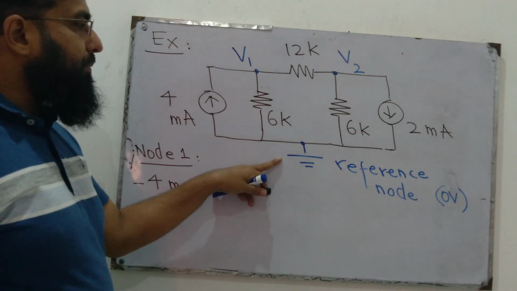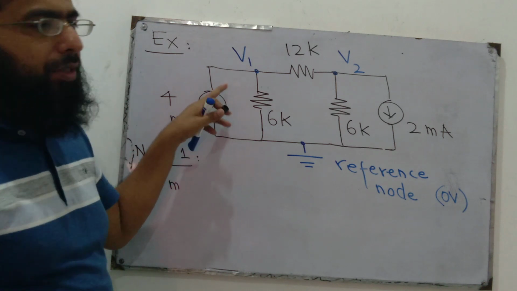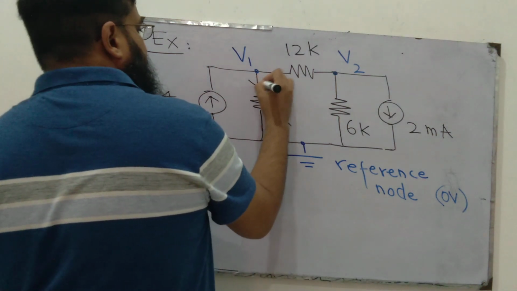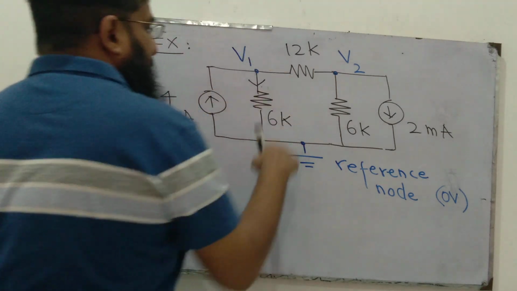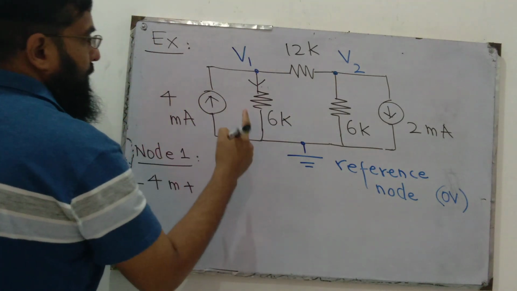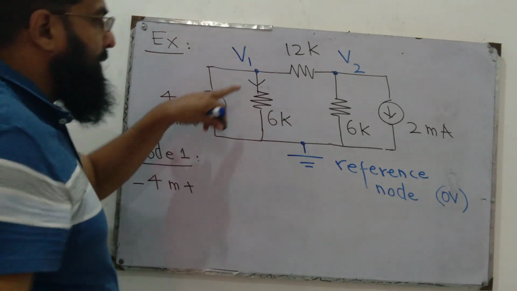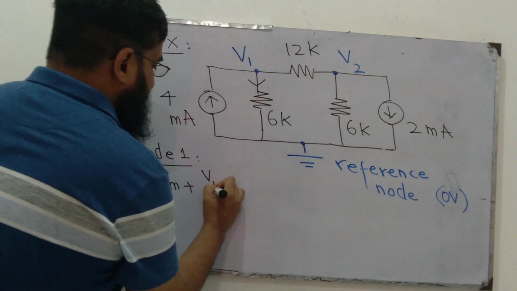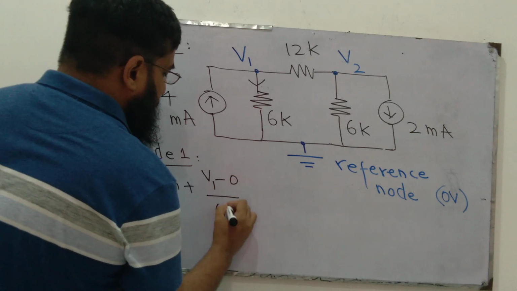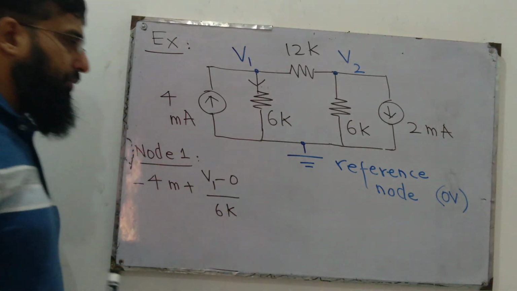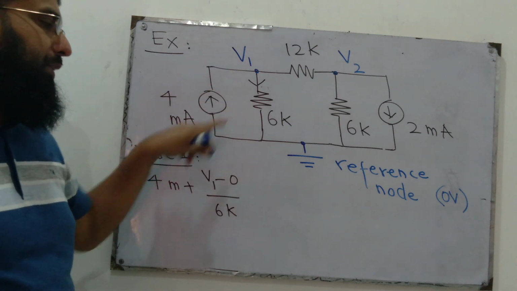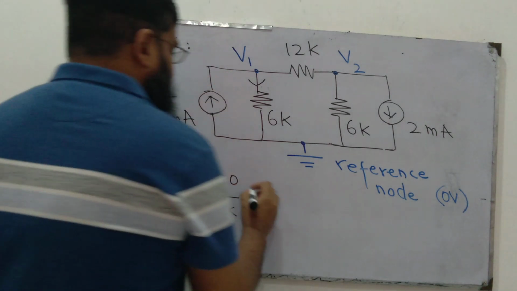What about this current? We are not sure, so we'll assume that this current is moving away from the node. Across this 6K resistor we have a voltage V1 minus ground, so V1 minus ground over 6K is the current flowing. According to Ohm's law, current flowing through a resistor is equal to the voltage drop across it divided by its resistance.